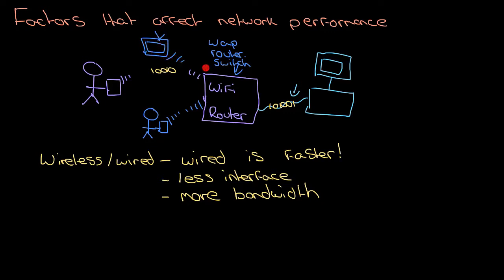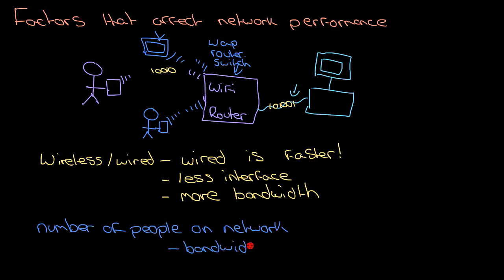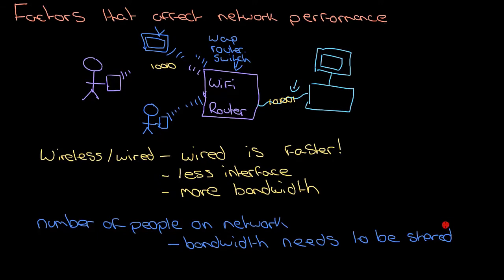You've got maybe your parents tuning in to something on their smart TV, which is using a wireless signal as well. And this Wi-Fi router now has to split itself like 4 or 5 different ways. So the number of people that you have on the network is really important, simply because now the bandwidth that's available to the router, so the number of ones and zeros it can go through in a second, has to be shared now between all those different users.